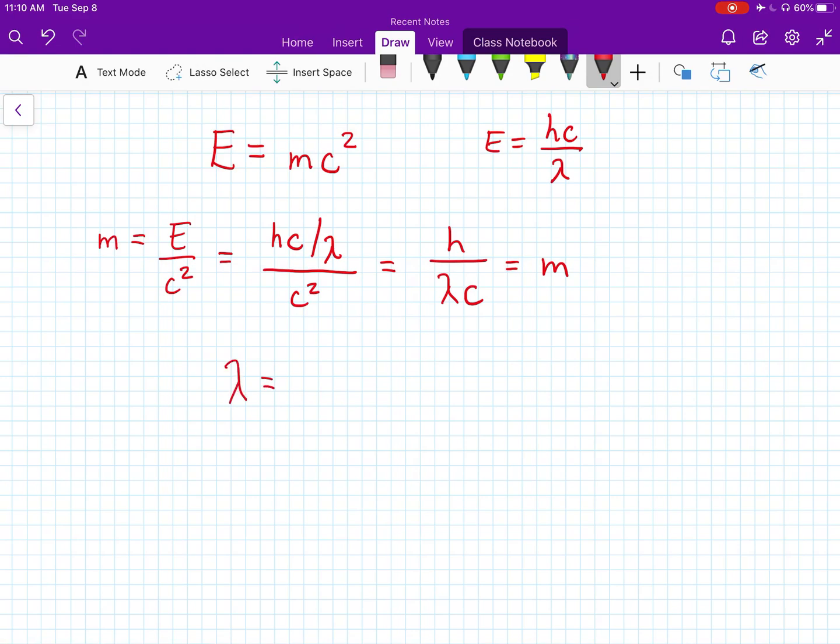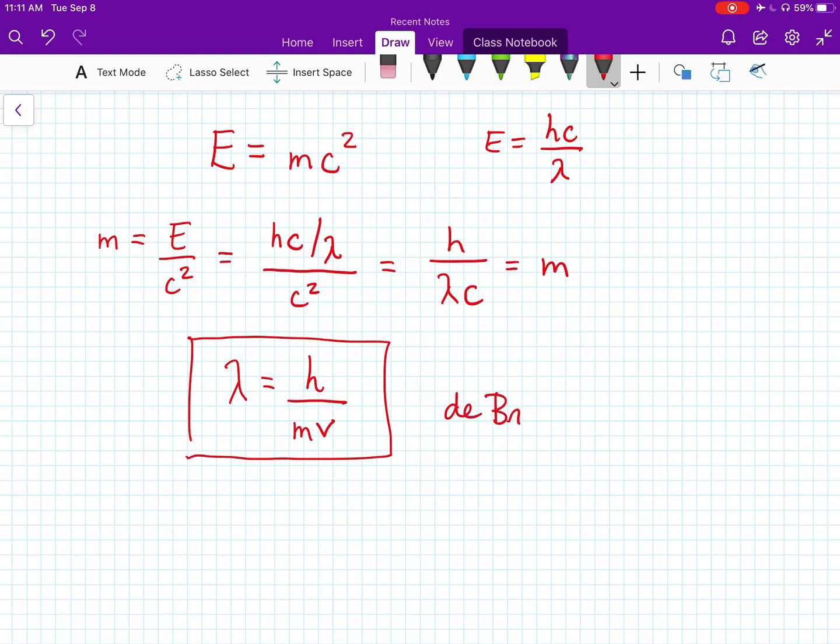So the wavelength lambda is equal to Planck's constant over the mass times the speed of light. Now, I'm going to simplify this by just calling the speed of light v for velocity. This is a useful form of the equation, called the de Broglie wave equation. It's a beautiful equation that quantitatively expresses the wave-particle duality.